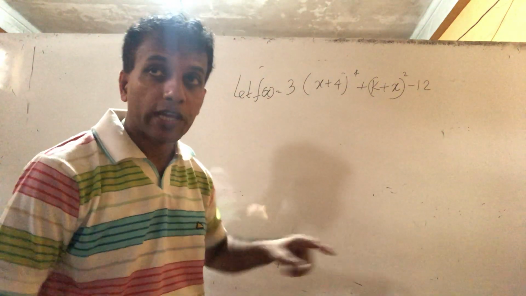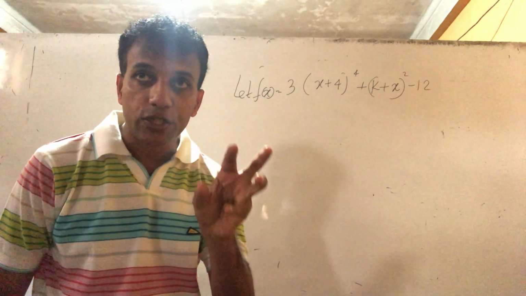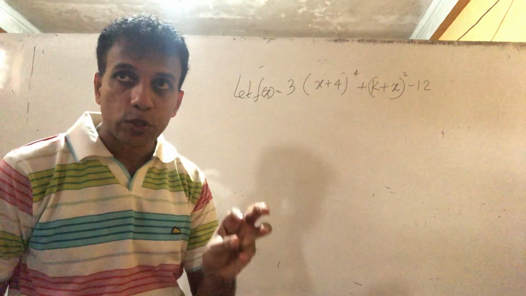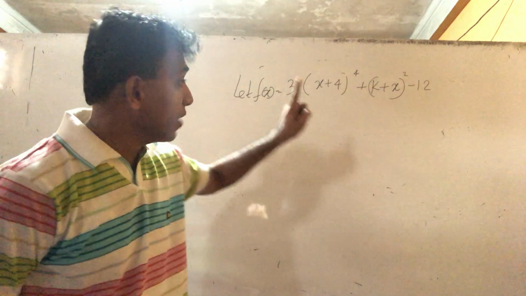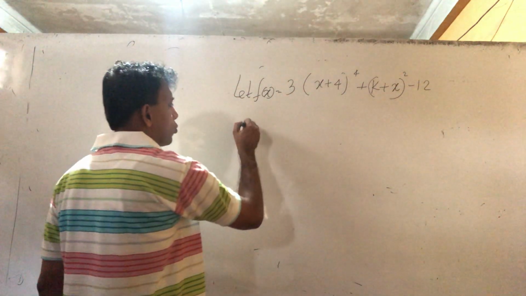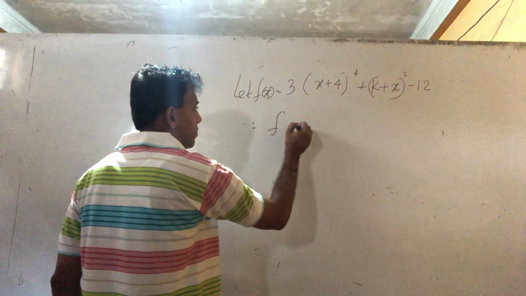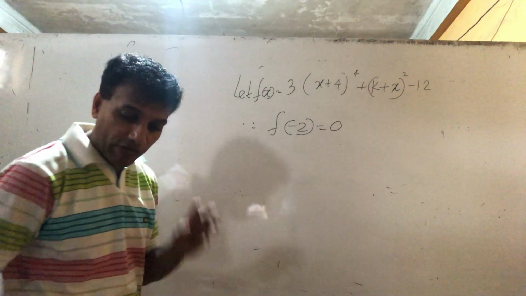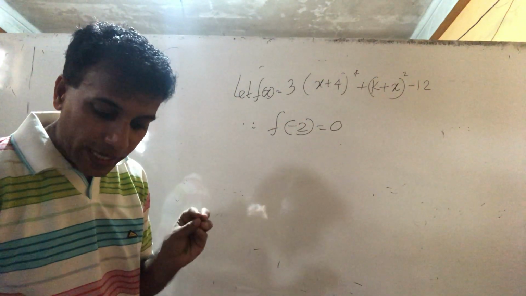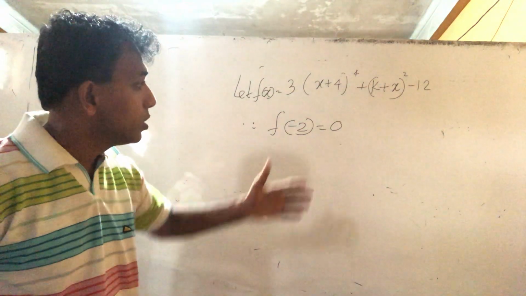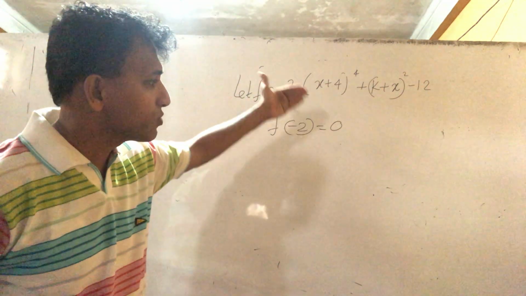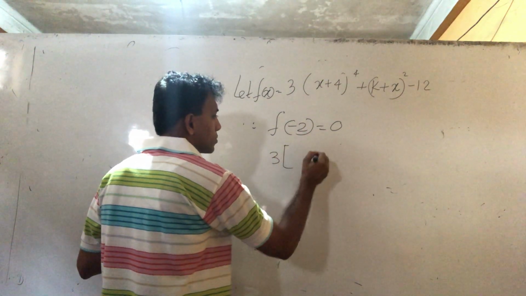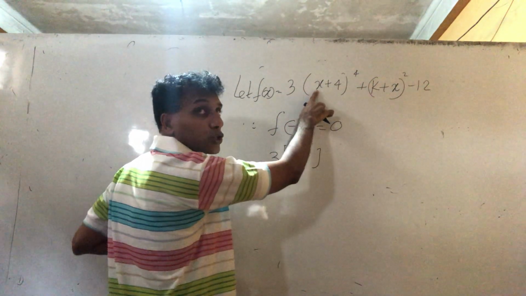So you can write below, given that x plus 2 is a factor of f(x). Therefore, what is the factor theorem? f of minus 2 equal to 0. So build up an equation, put x as minus 2.